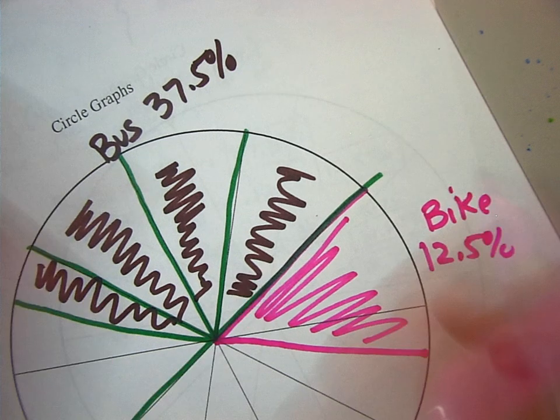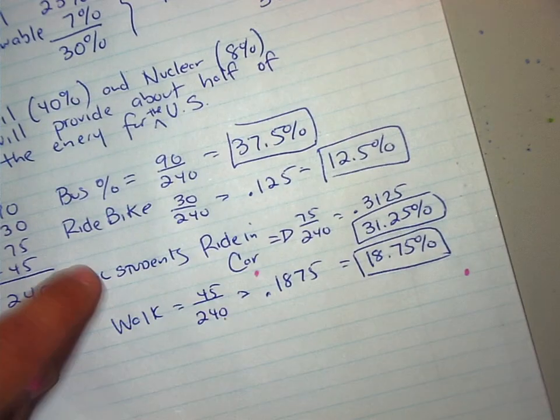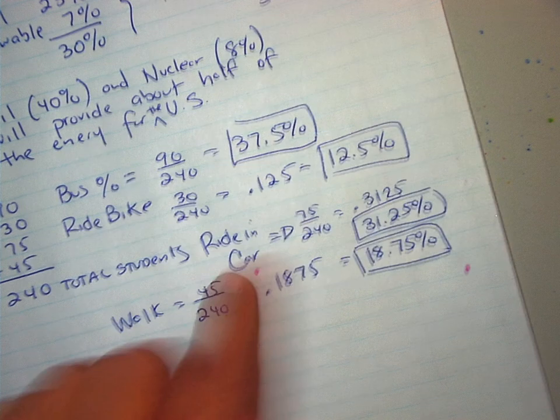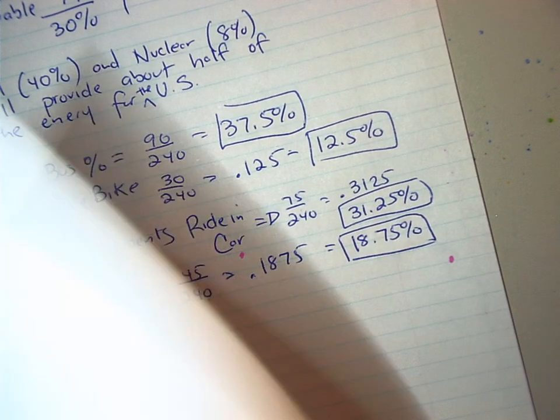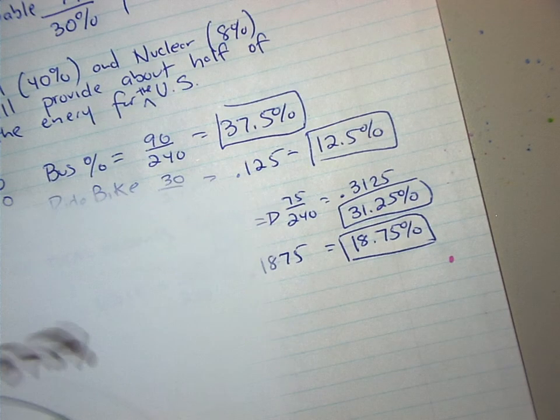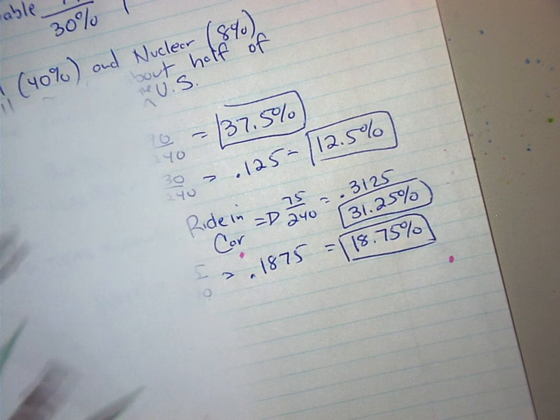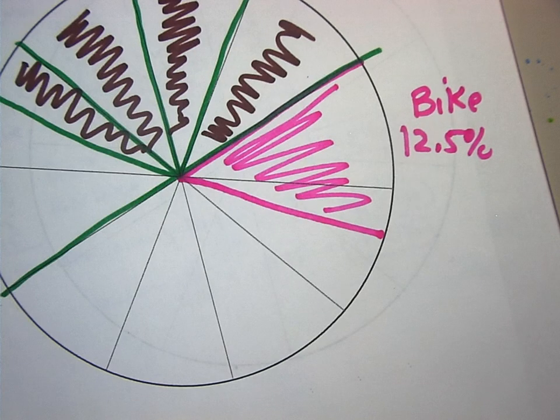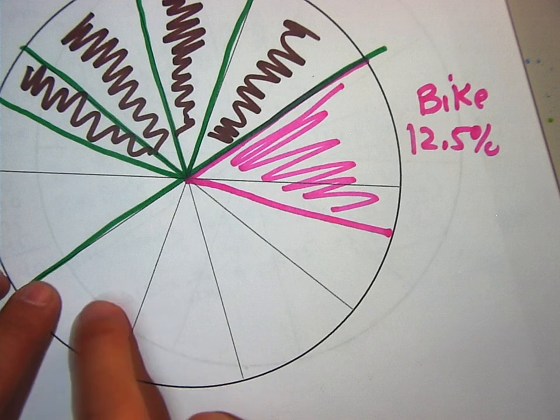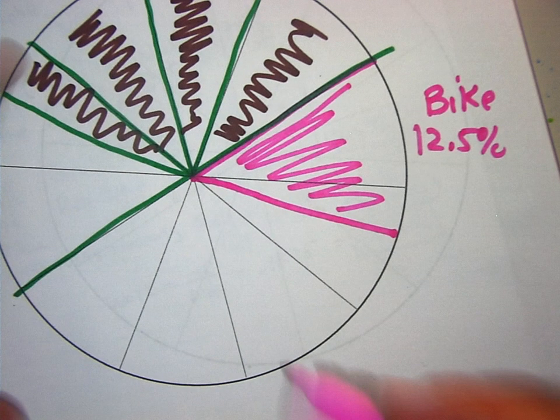And the next one is ride in the car, 31.25. 10, 20, 31.25. Hold on.